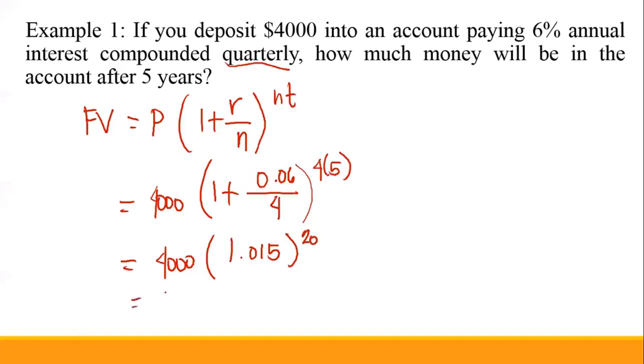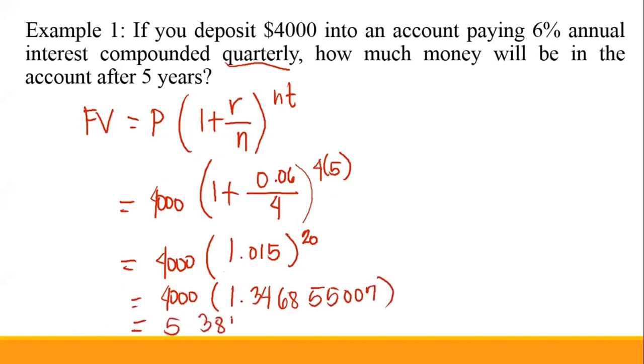And this is equal now to 4,000 times 1.346855007. So, the future value is 5,387. Yeah, so we have to round our final answer here.